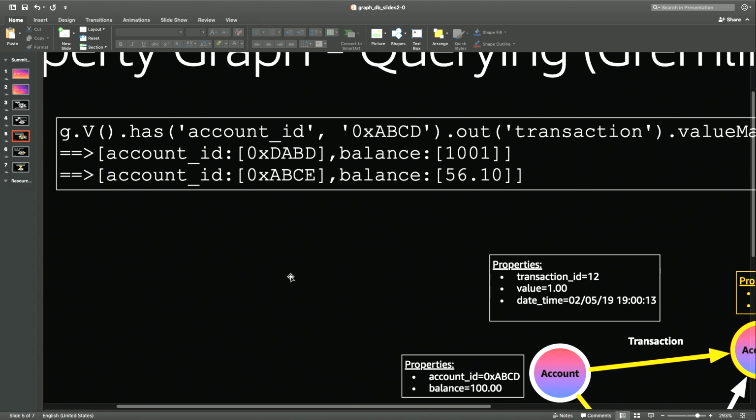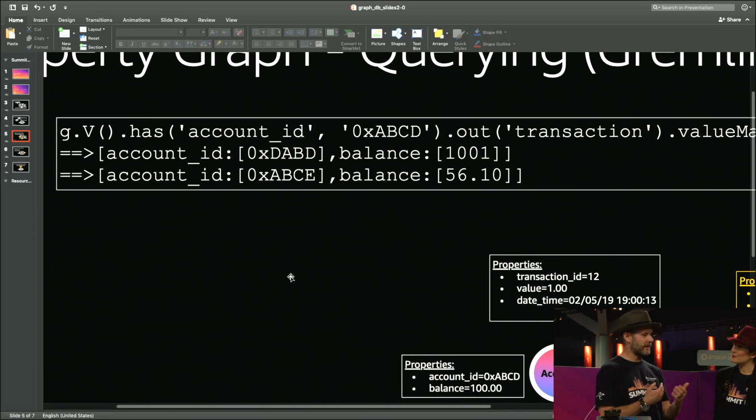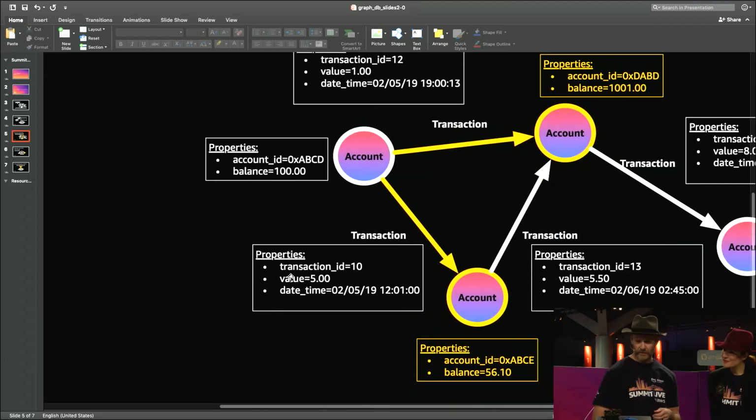We have this concept of symmetrical properties, but it still is a separate direction. It's like having two lines, one going out and one coming in. So if you were to run that, you would see that it would be operating on these two accounts here, because these are the properties that match our query up above.